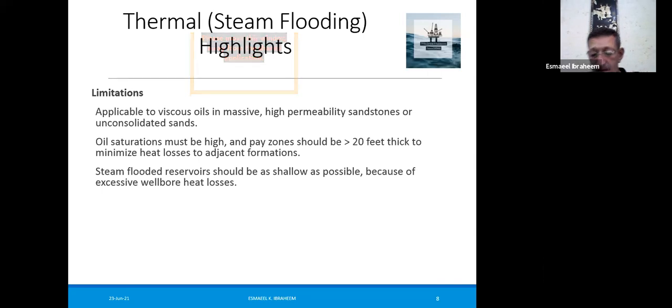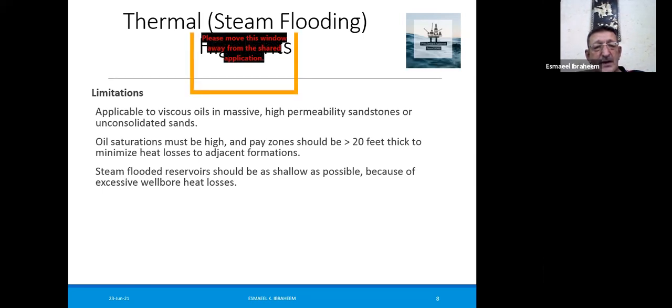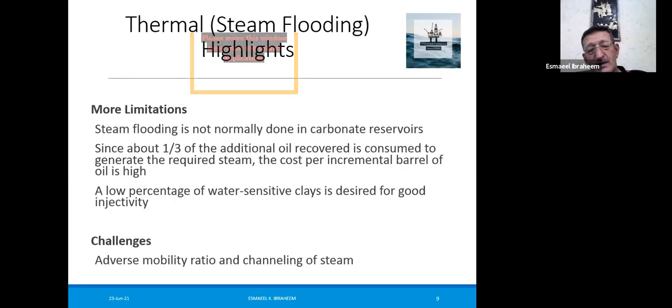So in this case, thermal steam acts on reducing the viscosity of the oil and expanding the quantity of the oil, and then we will have two driving mechanisms. The first one is the expansion of oil, and the second one is the reduction of viscosity. All this will share in the production of the hydrocarbon.